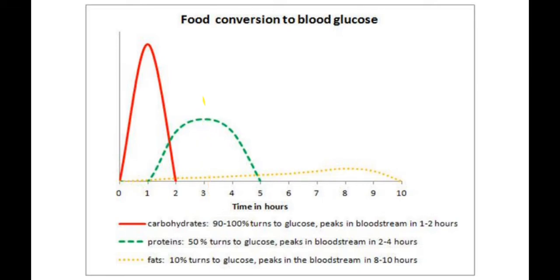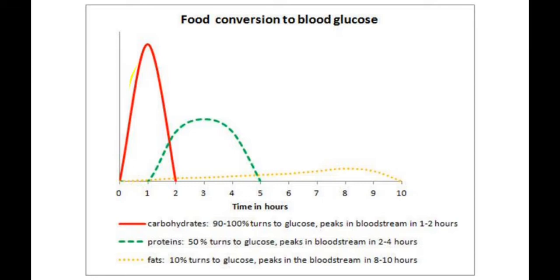of glucose. And theoretically, up to 50% of protein can be converted to glucose by weight. So 1 kilo of protein gets converted to half a kilo of glucose, or 100 gram of protein gets converted to 50 gram of glucose.